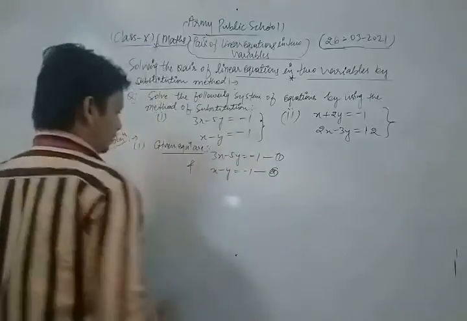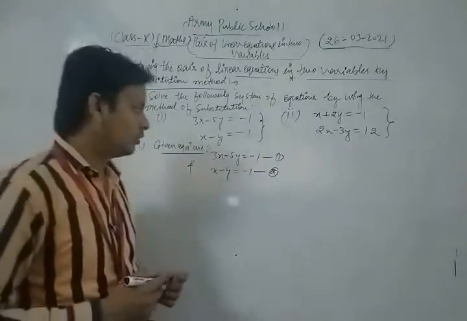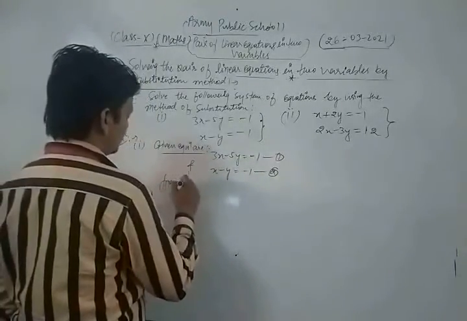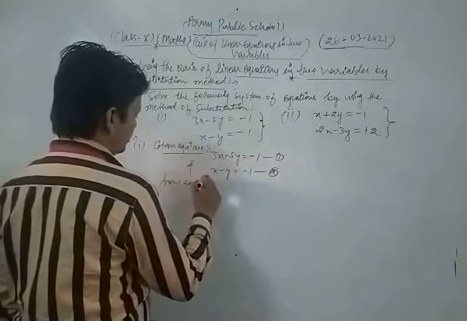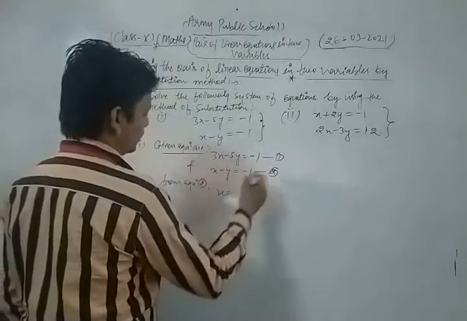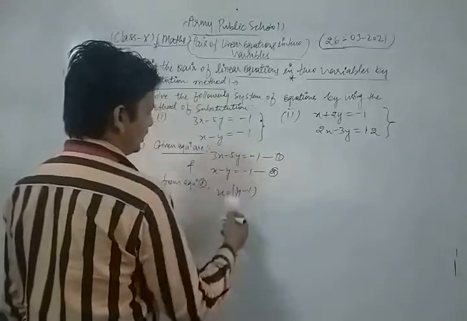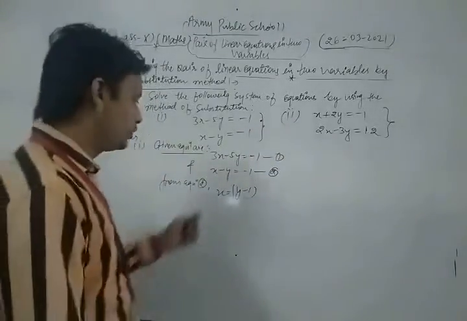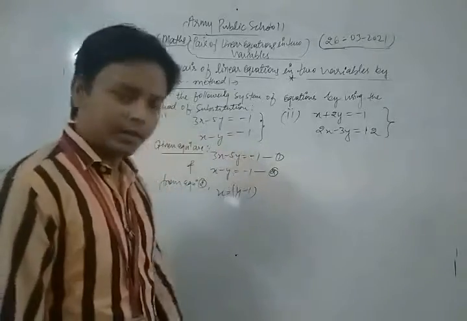This is equation 2. Now first, from equation 2 we get the value of x: transferring minus y to the other side, x is equal to y minus 1. Now we put the value of x in equation 1.